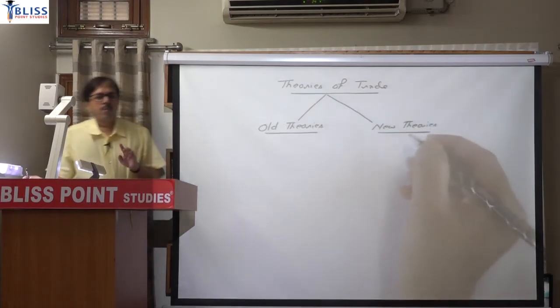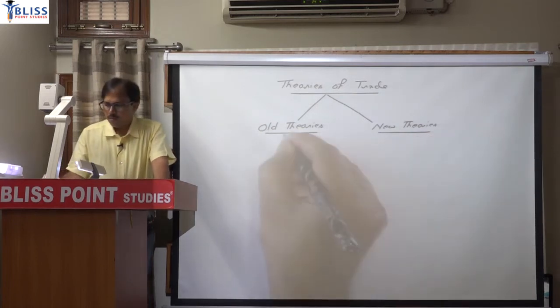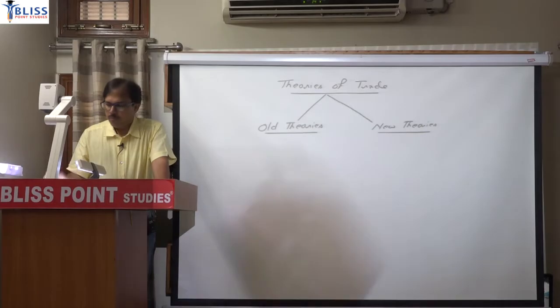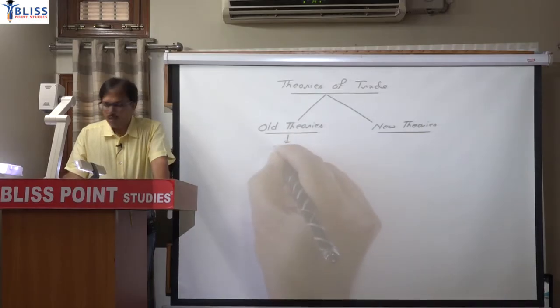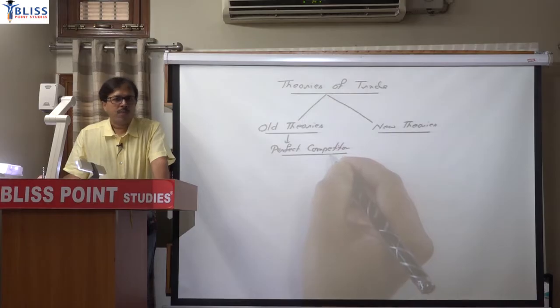The main difference between old and new will be that all old theories, that means within old there are many, all old theories assume that the market is perfectly competitive. All theories are based on the assumption that there is perfect competition in the market. So if there is perfect competition, then all features of perfect competition will also follow.